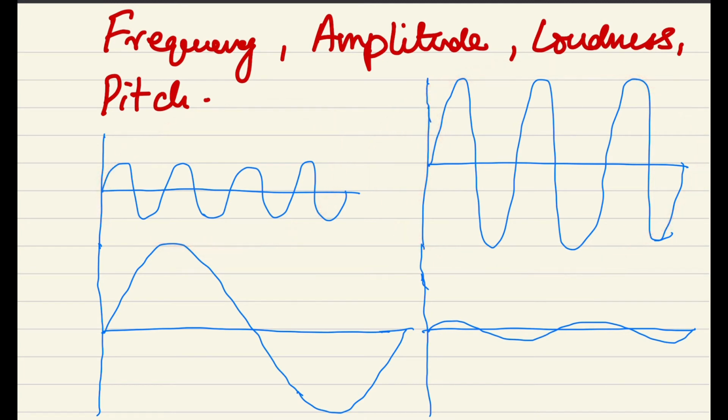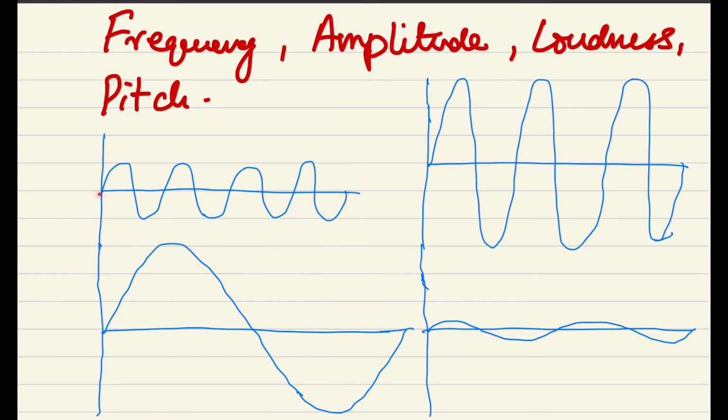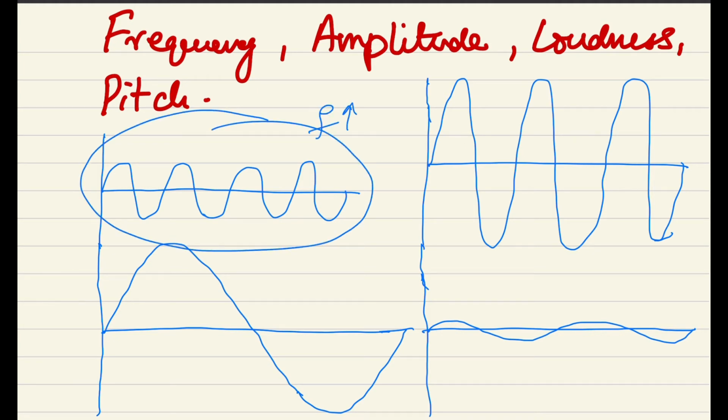Okay, similarly, let's compare these two waves. Now look at this. This cycle is completing quickly, and this cycle is completing after some time. So this wave has high frequency as compared to this wave.